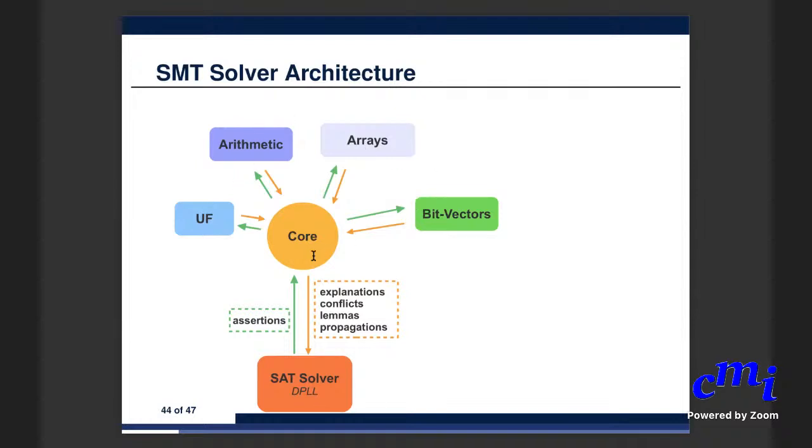That means that SMT solvers, with the special purpose DPLL at their core, can solve the quantifier-free fragment of predicate logic. Okay.